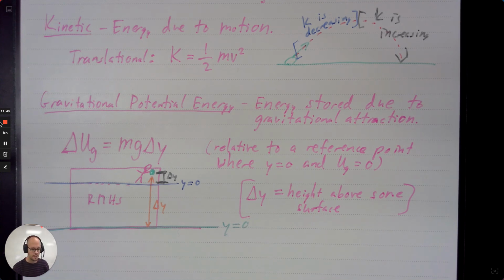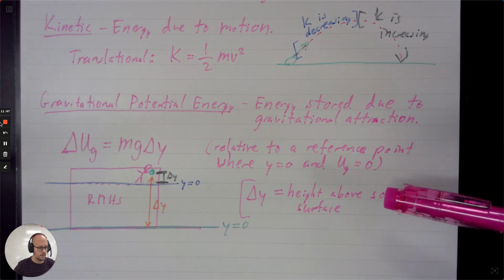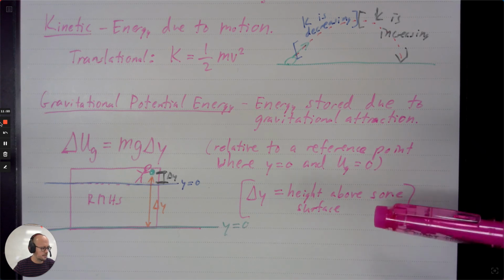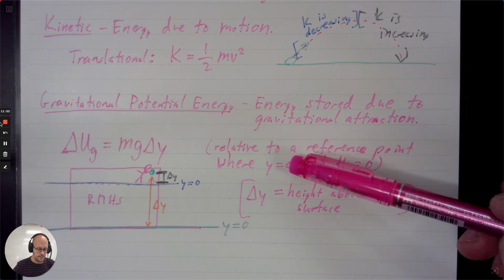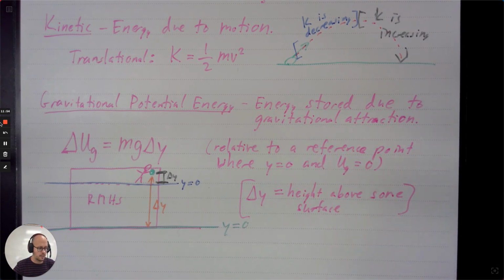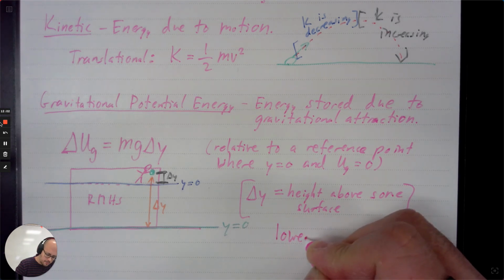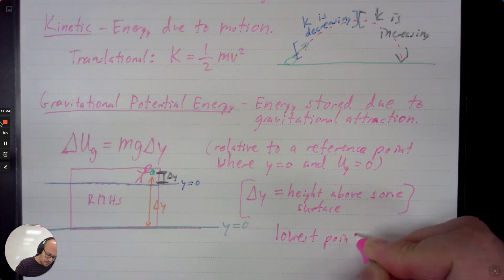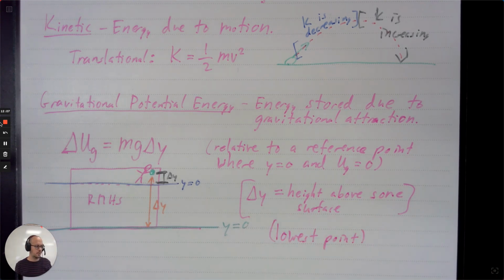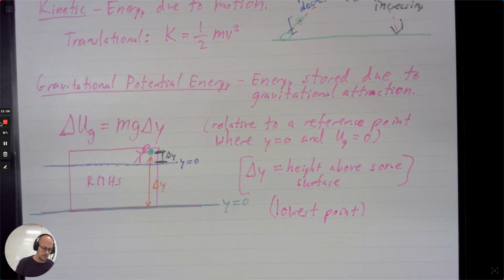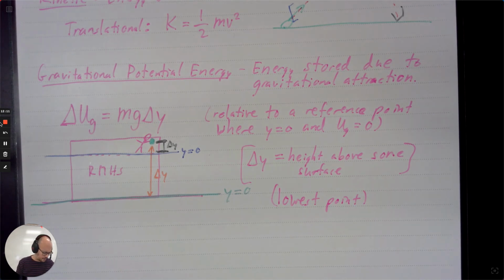So there's lots of creativity in here, and you should take license to play with this idea that you get to decide where there's no gravitational potential energy. I will say often, if you're not sure what to do, make it the lowest point in your picture. That's the best thing to do. Okay, so that's gravitational potential energy.